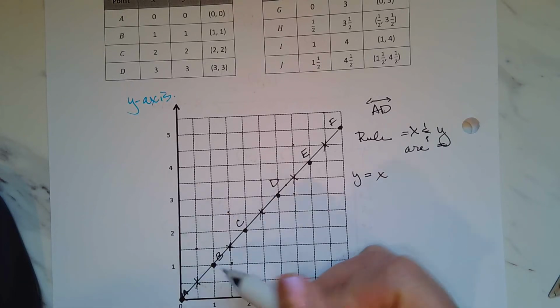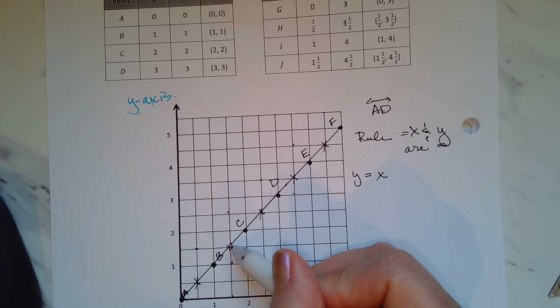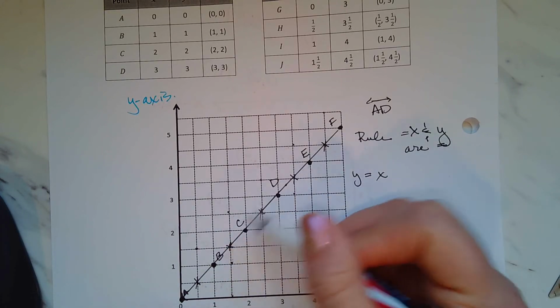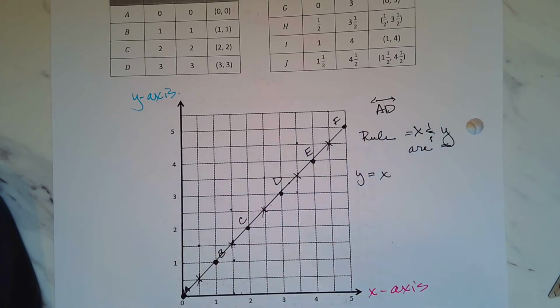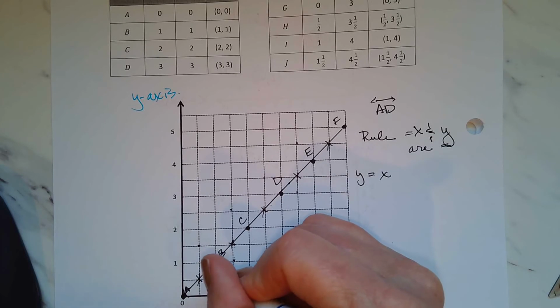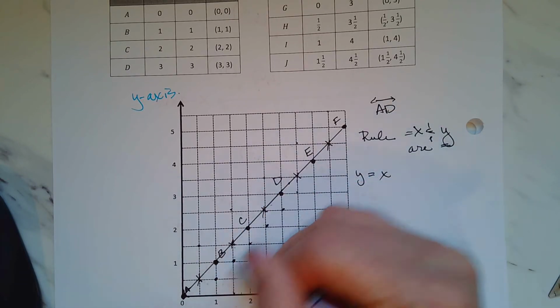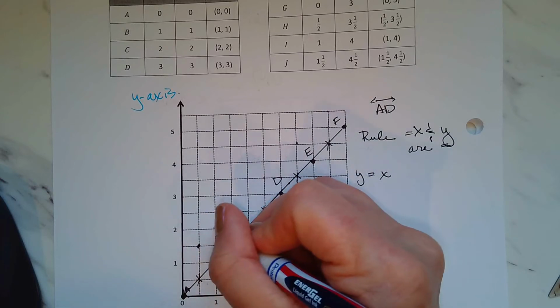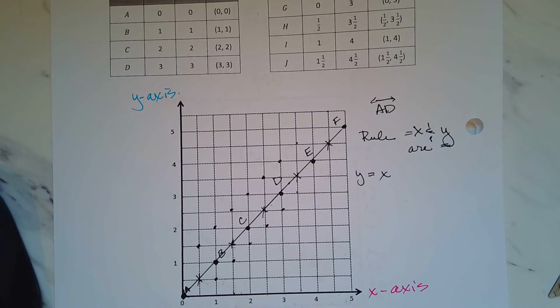So here's a half, half, 1.5, 1.5. So notice the x and y are equal on that. But if just one of them is different, the line would be parallel because it would not sit on that line, right? Okay.